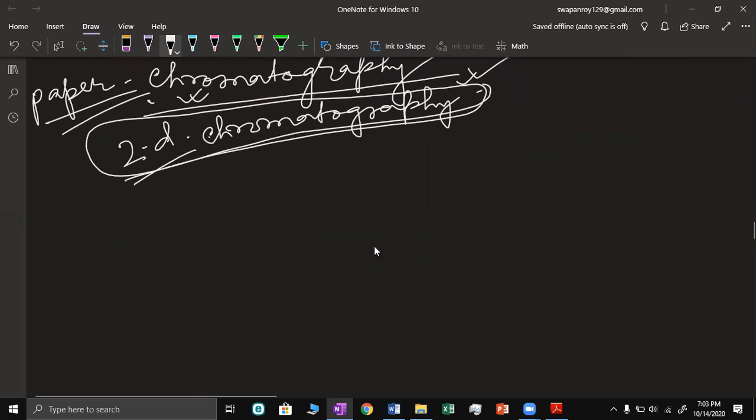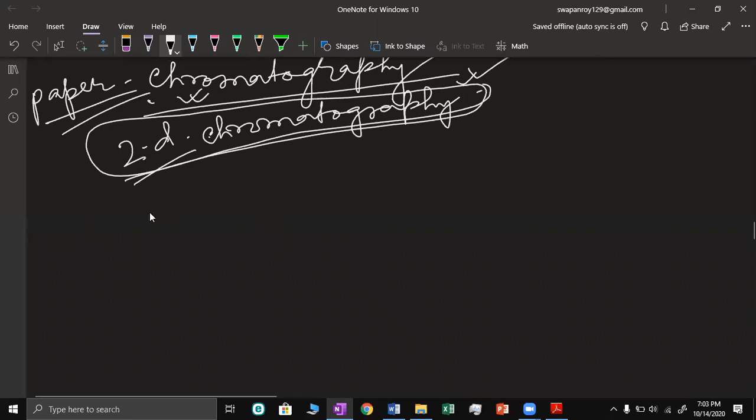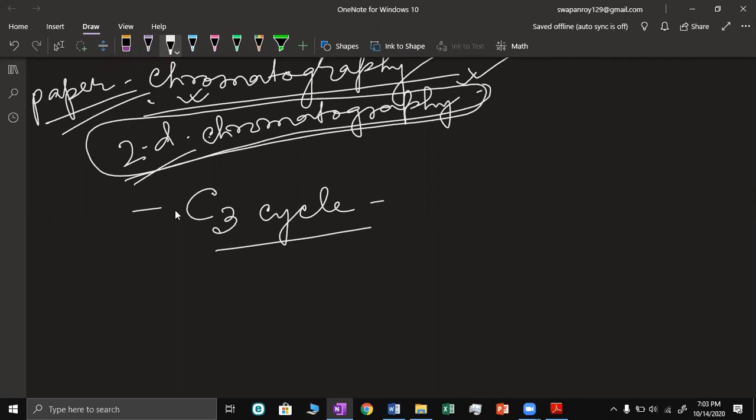Another thing is that this Calvin cycle is also known as the C3 cycle. C is carbon, the carbon 3 cycle, and the plants where this cycle operates for photosynthesis are known as C3 plants. So, C3 cycle and C3 plants.